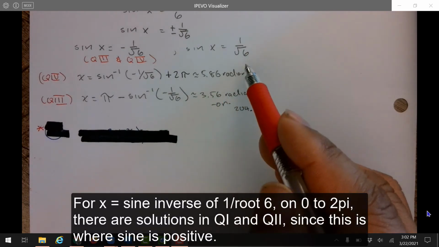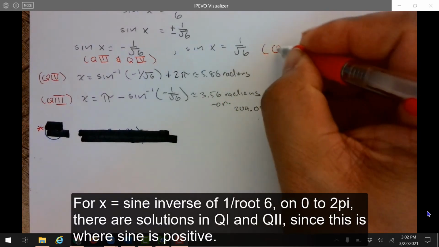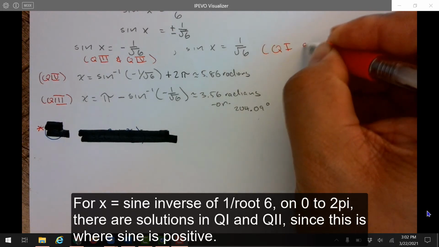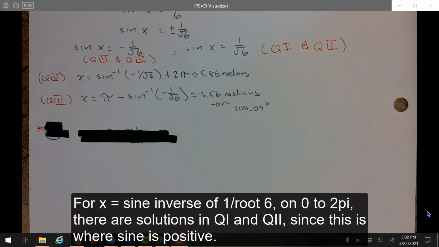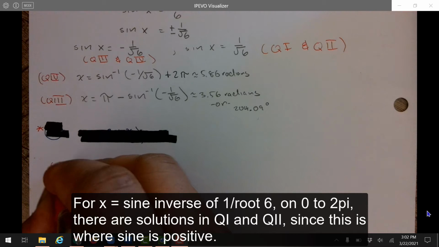For x equals sine inverse of 1 over root 6 on 0 to 2 pi, there are solutions in quadrant 1 and quadrant 2, since this is where sine is positive.